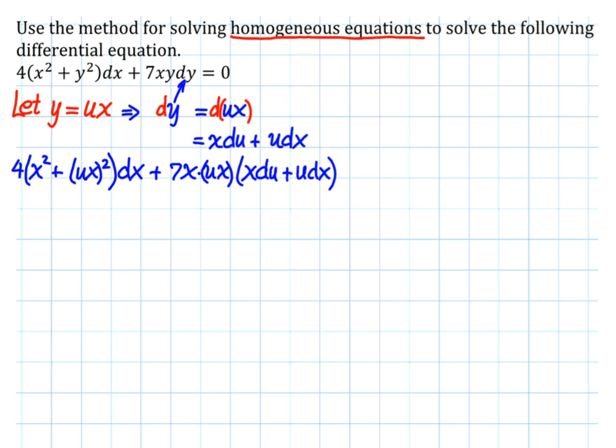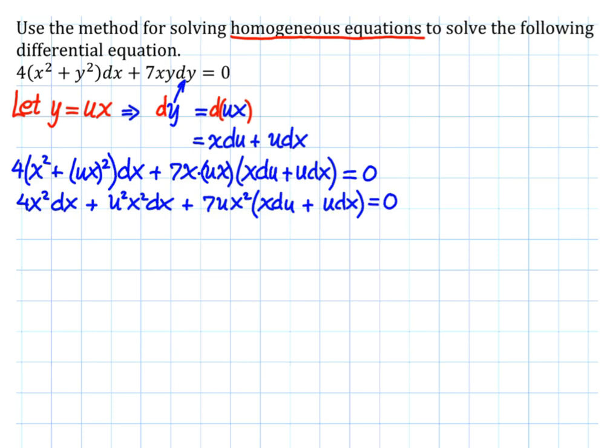So we simplify, we will have 4x squared dx plus u squared x squared times dx plus 7ux times x du and u dx. I forgot that this equation is equal to 0.